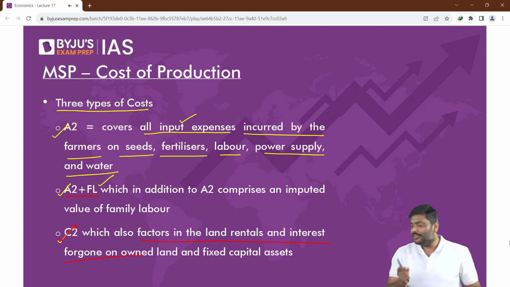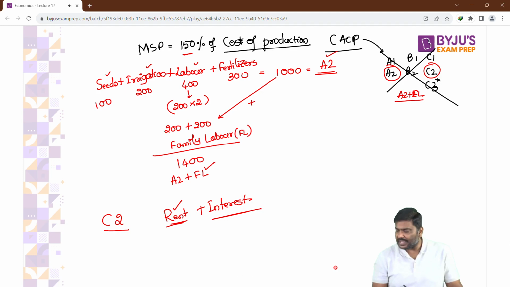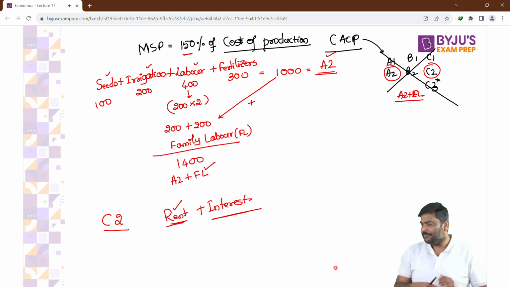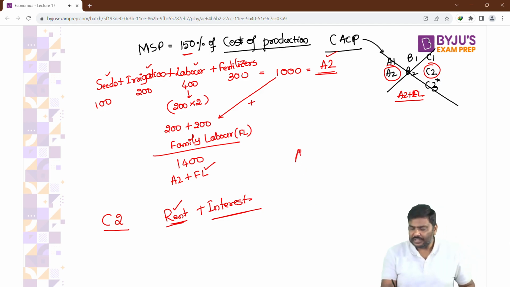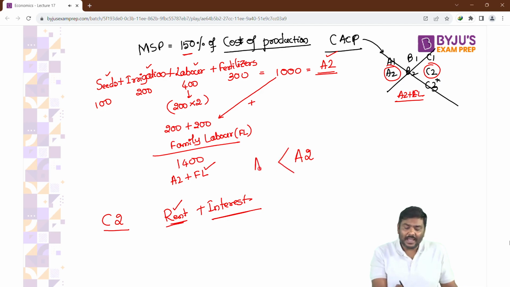All these expenditures will also be counted in the calculation of C2. Now, based on this, can I simply say C2 will be greater than A2 plus FL? And can I say A2 plus FL will be bigger than just A2?